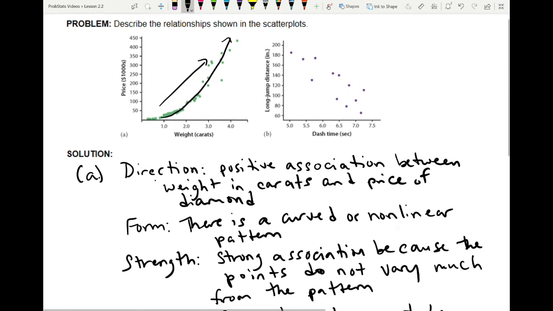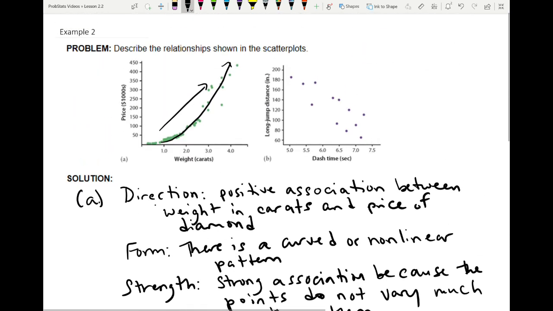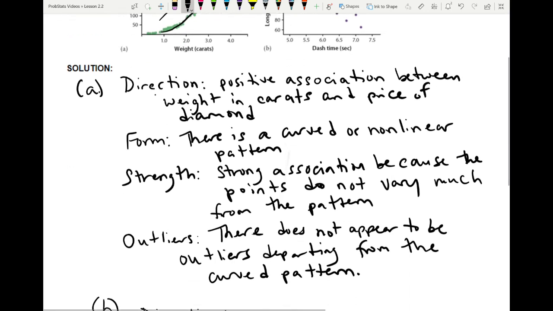All right, so let's look at the second one, part B. Again, talking about the direction. If you look, there seems to be a negative association between the two variables. As one increases, the other one decreases. This is the example that we looked at earlier with the dash time and long jump distance.